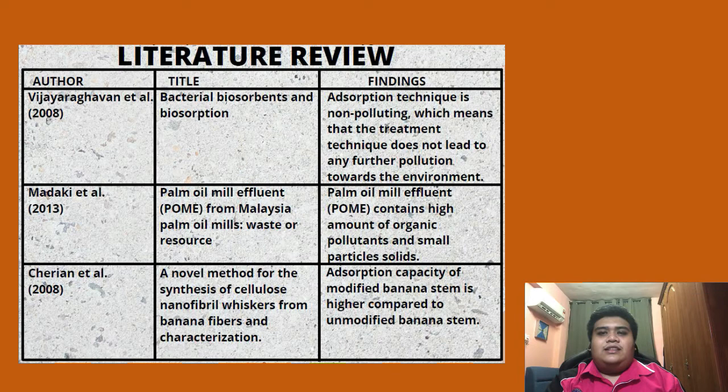In 2008, Cherian mentioned that absorption capacity of modified banana stem is higher compared to the unmodified banana stem. So, the potential and the capabilities of the banana stem as bioadsorbent can be improved by modifying the surface of the banana stem through acid or base treatment.